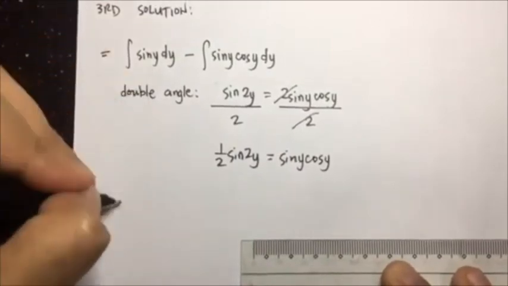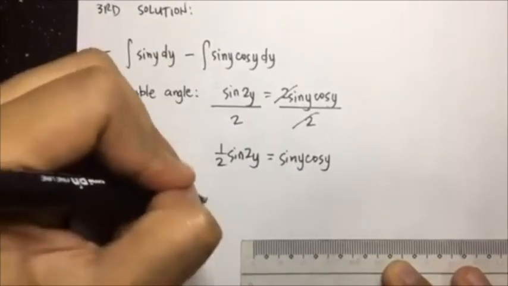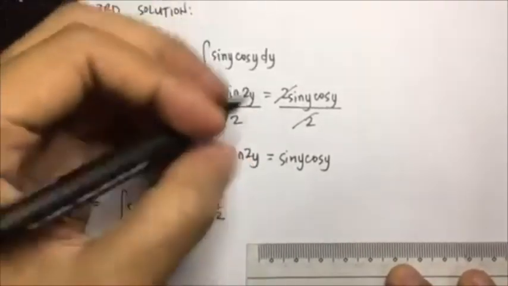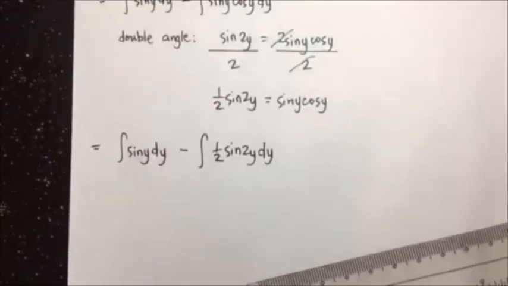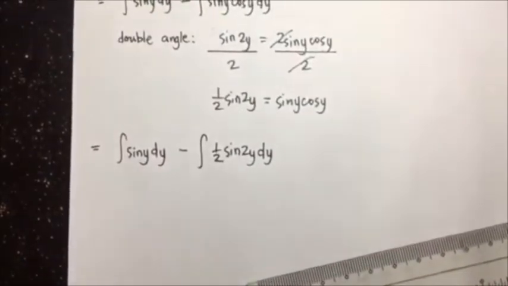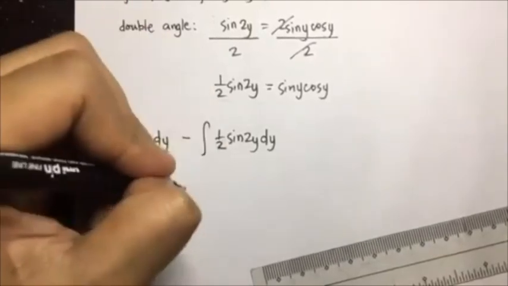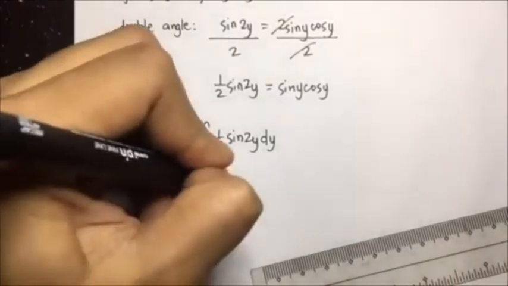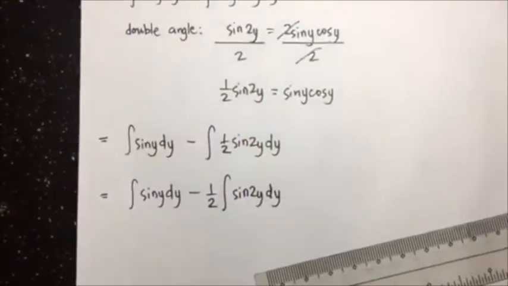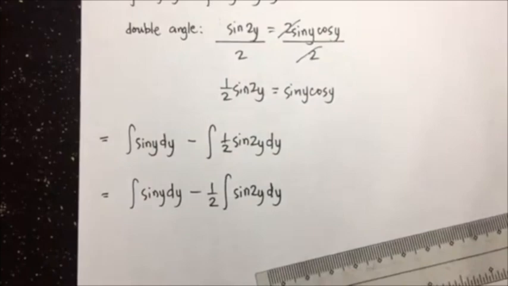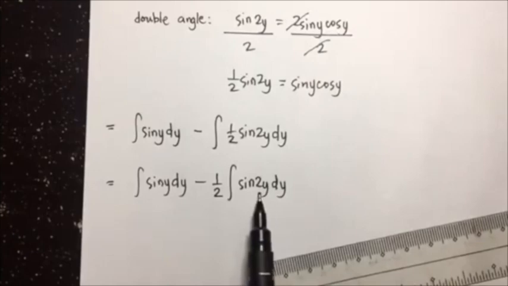So we can replace this with 1/2 sine 2y. So this will become integral of sine y dy minus integral of 1/2 sine 2y dy. Okay, so we can write 1/2 outside the integral sign. So you have integral of sine y dy minus 1/2 integral of sine 2y dy. Okay, so we have the integral for sine. However, the differential part here, the dy, should be the complete differential of u.